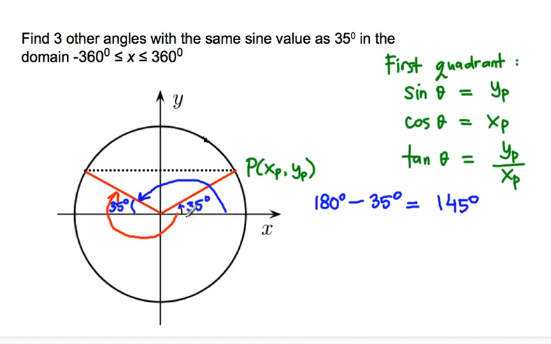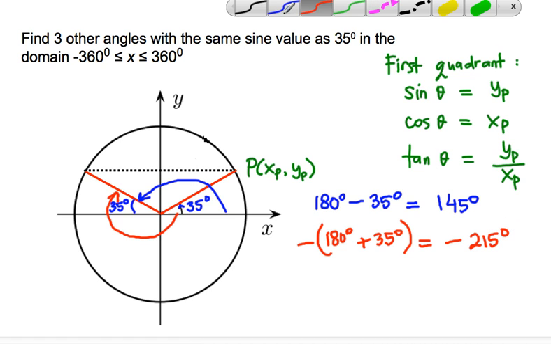And what is the size? It is just 180 plus 35 degrees. However, don't forget this time I go in the negative direction. So my angle is then negative 215 degrees.